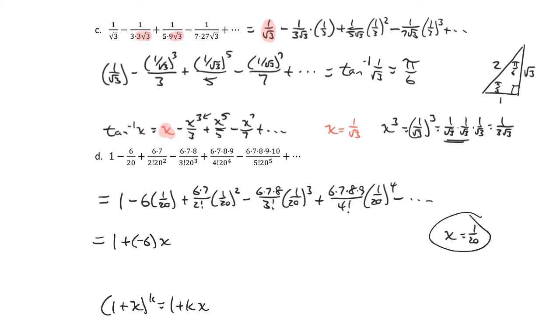So since x was 1/20th, I wanted to make everything else look like k. And then the next term is k times k minus 1 over 2 factorial x squared. Well, I see my x squared, that is this 1/20th squared. I see the 2 factorial, so let's put those in.